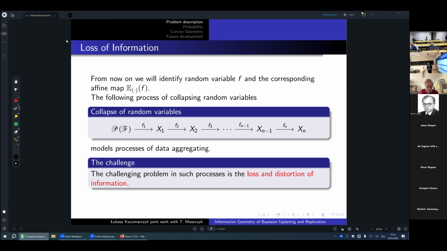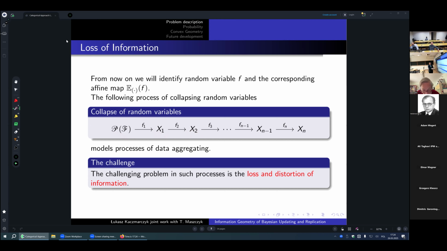For example, we can think of each iteration as some scribe that copies a book from one copy to another. So these are all the time convex spaces, and these maps are affine.